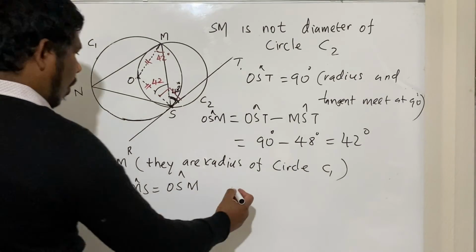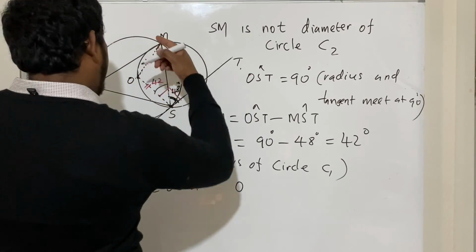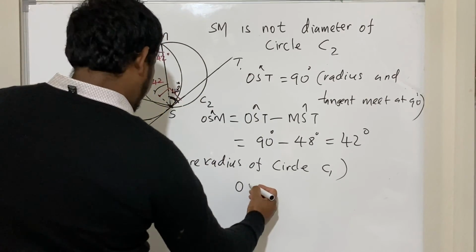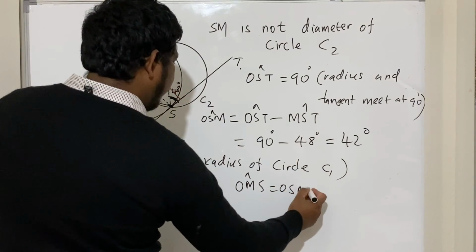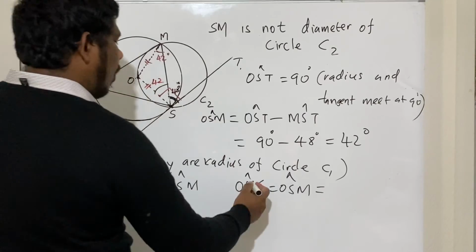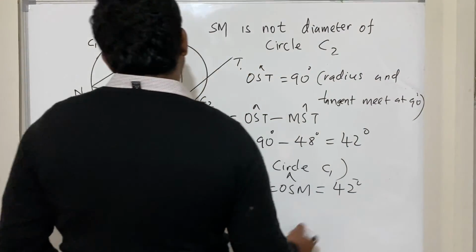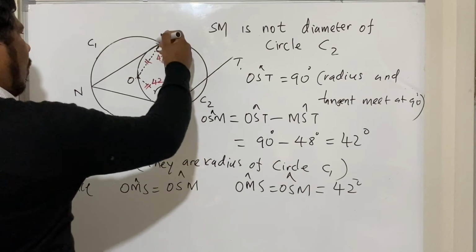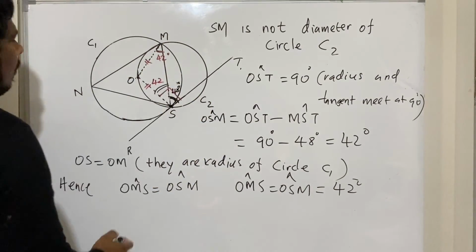So angle OMS and angle OSM equal 42 degrees. So whenever we mention this triangle OMS, we know this angle is 42 and this angle is 42.